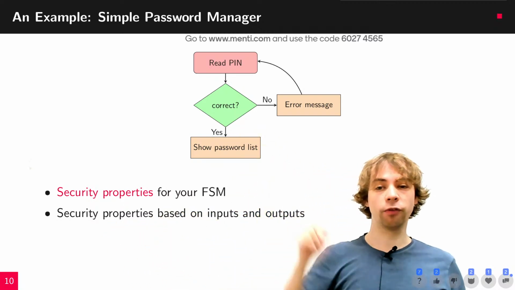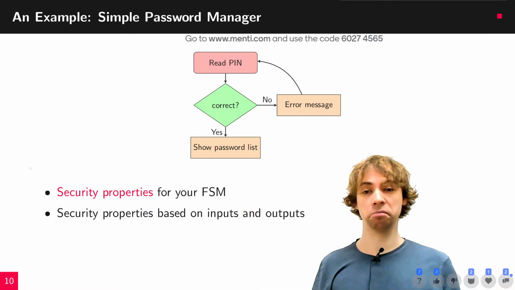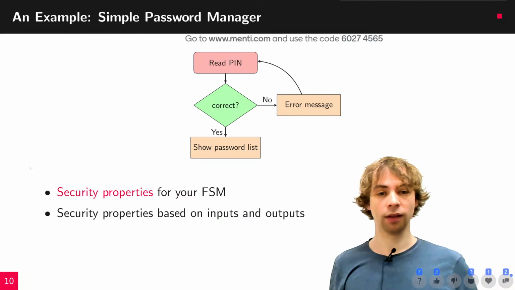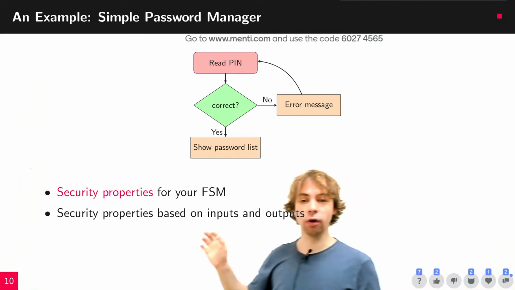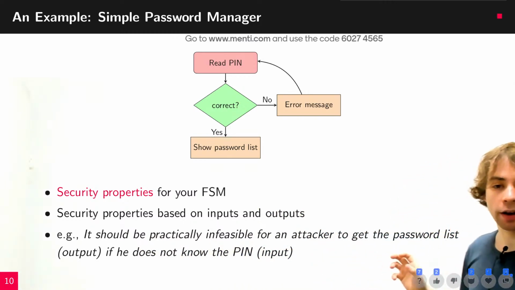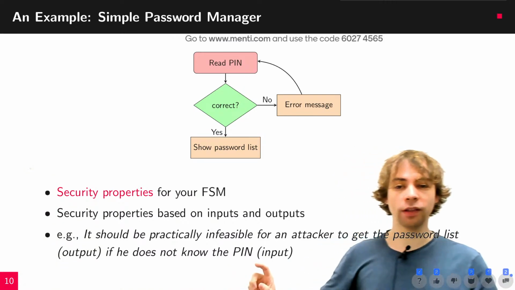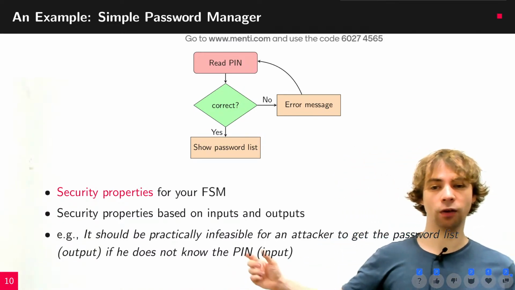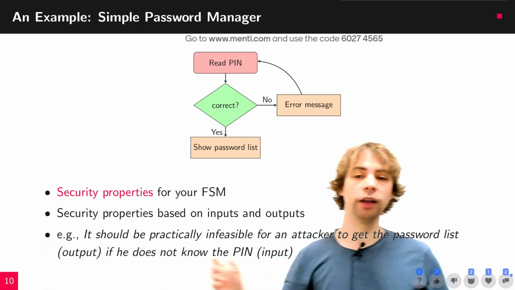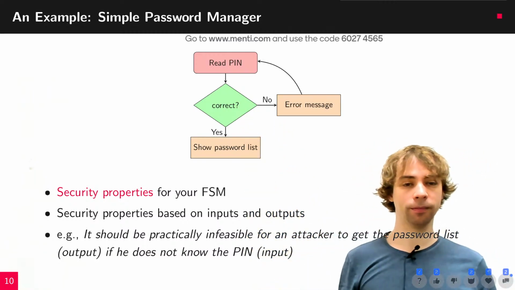If someone provides the correct PIN, then we show the password list. If someone doesn't, then we don't. So what we want from our finite state machine is that it should be practically infeasible for an attacker to get the password list if they don't know the input, the PIN. So we don't get the output we want if we don't know the input that is checked here.